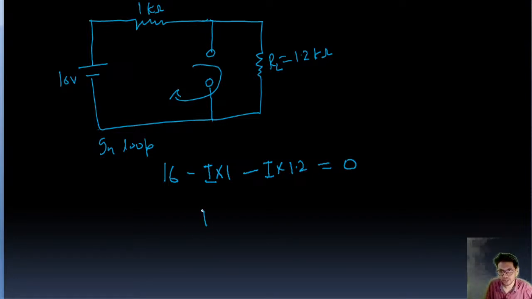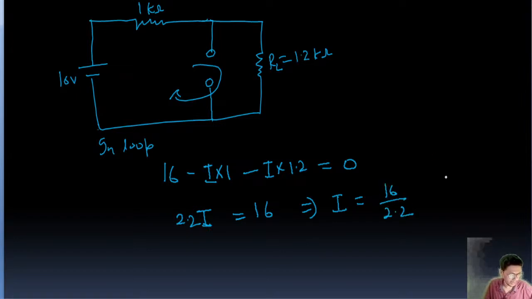So from here, 2.2 I is equal to 16, which implies the value of I is 16 upon 2.2, and that value is going to be 7.3 milliampere.